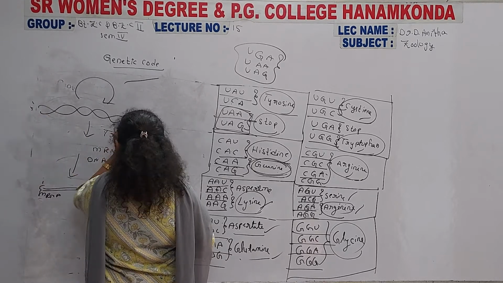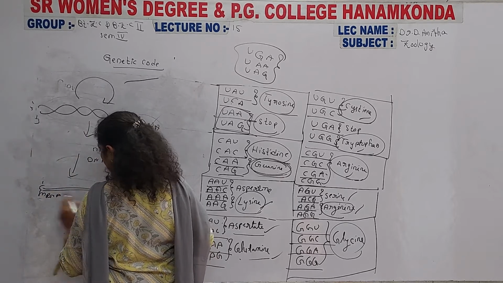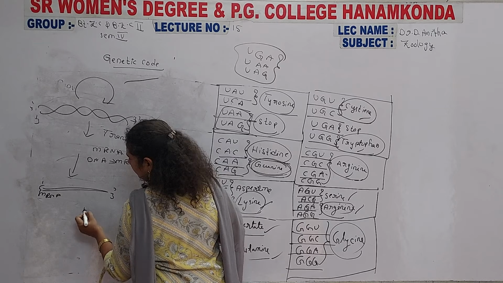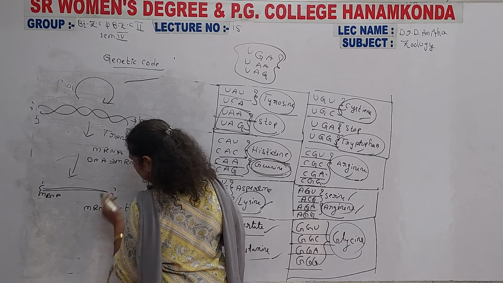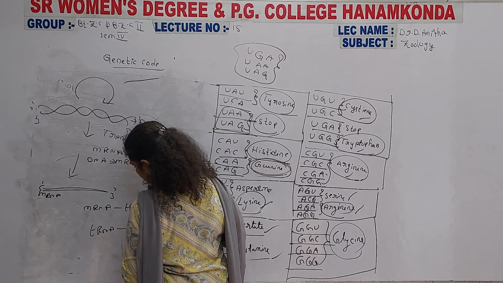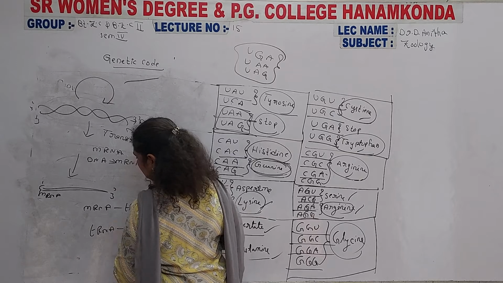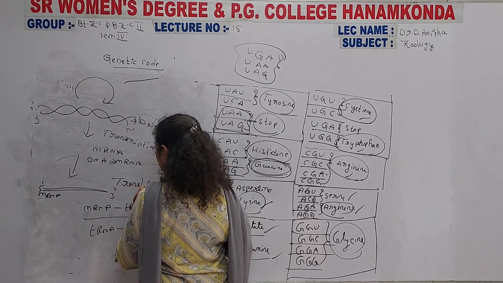DNA is double stranded, but mRNA is only single stranded. Then mRNA to tRNA, and the amino acid chain is formed to make the protein. This process is considered translation.